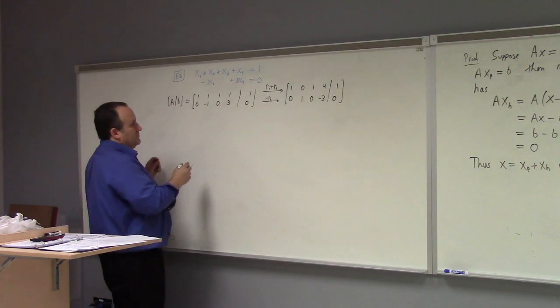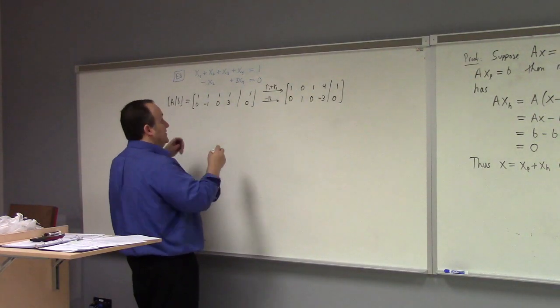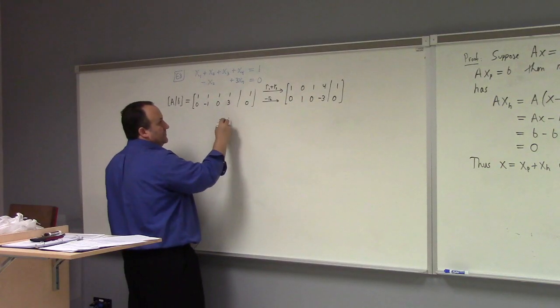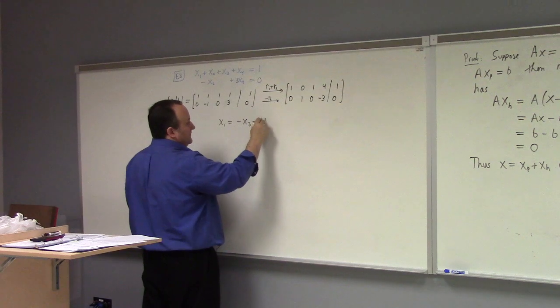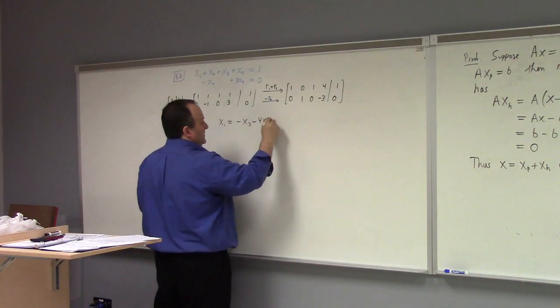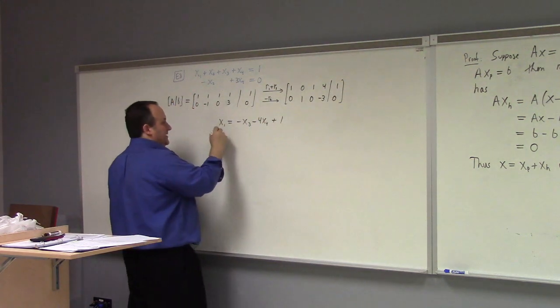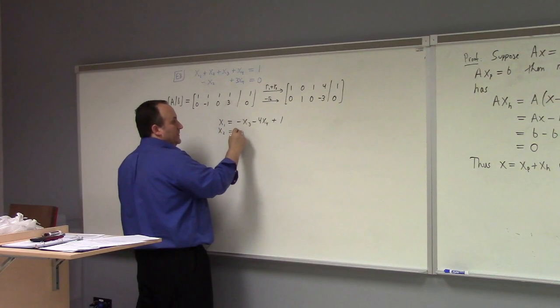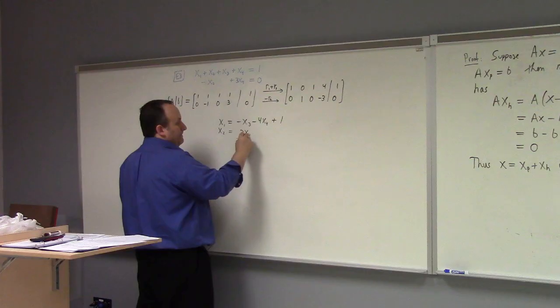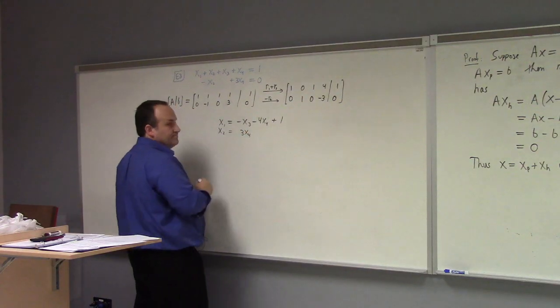So this means what? This means that x1 is equal to minus x3 minus 4x4 plus 1, and x2 is equal to 3x4 plus 0. Yeah.